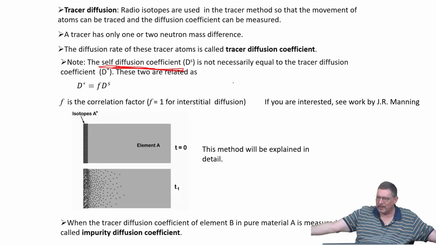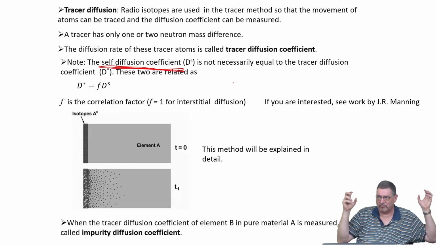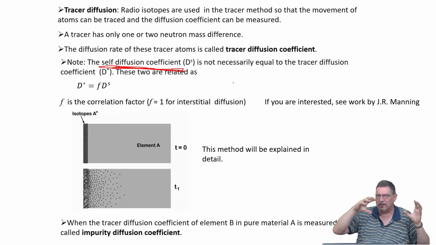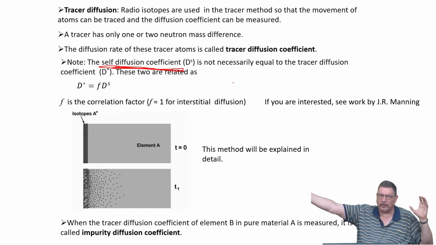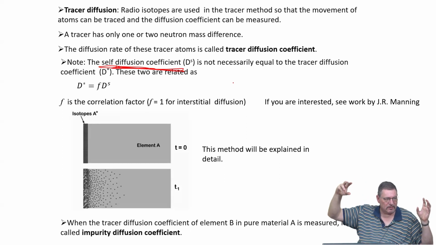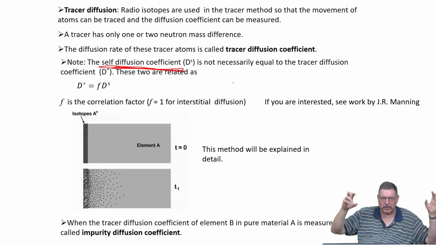It can go in any direction. So the correlation factor, meaning how the effective diffusion length after a certain number n of jumps compares to the random walk, is unity, because you have no preferential direction. There's no coupling with the lattice because the interstitial lattice is just there.